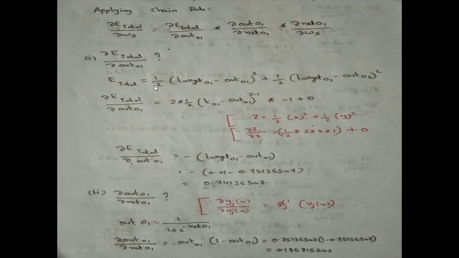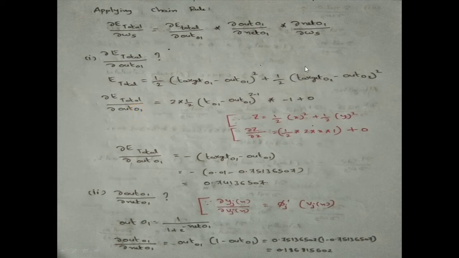Now we are going to apply the partial derivative with respect to the output value of the output neuron 1. So if we apply the partial derivative for this, what will be our derivation? For x square, the derivative is 2 into x power n minus 1, right? So here we are partially differentiating the total error energy with respect to the output value of the output neuron 1.